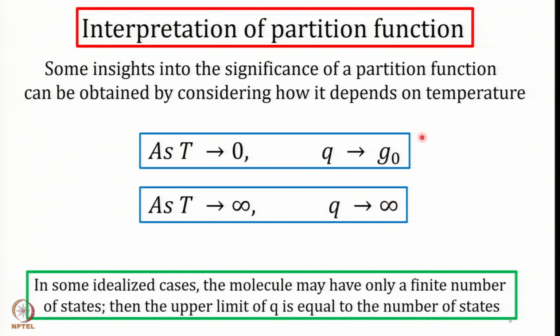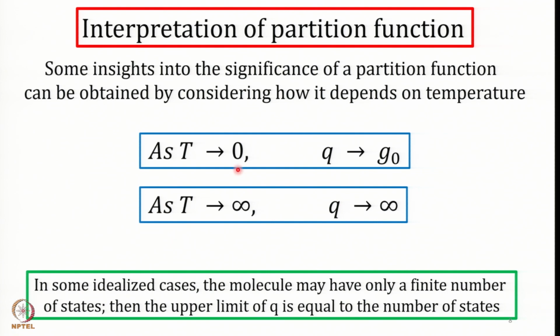So, based upon this discussion, these two extreme constraints, that is T approaching 0 and T approaching infinity, the conclusion that we drew was that the molecular partition function gives an idea of the number of thermally accessible states in a system.